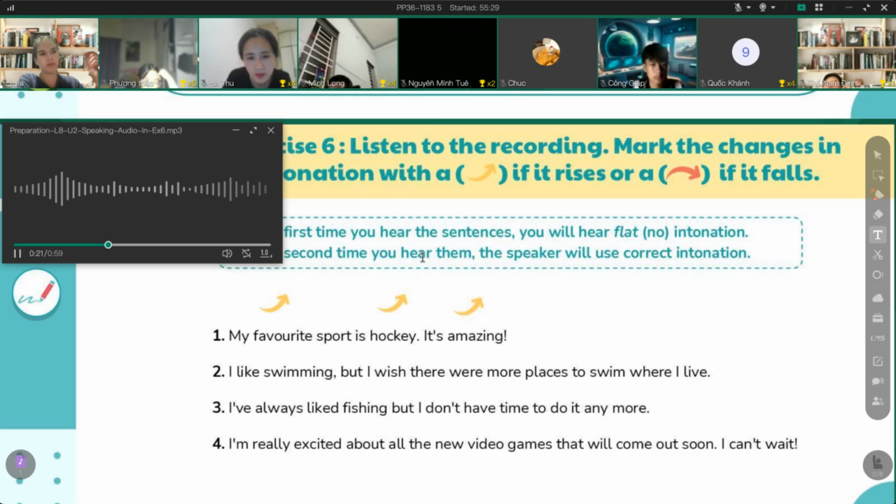I like swimming, but I wish there were more places to swim where I live. Three, I've always liked fishing, but I don't have time to do it anymore. I've always liked fishing, but I don't have time to do it anymore. Four, I'm really excited about all the new video games that will come out soon. I can't wait.